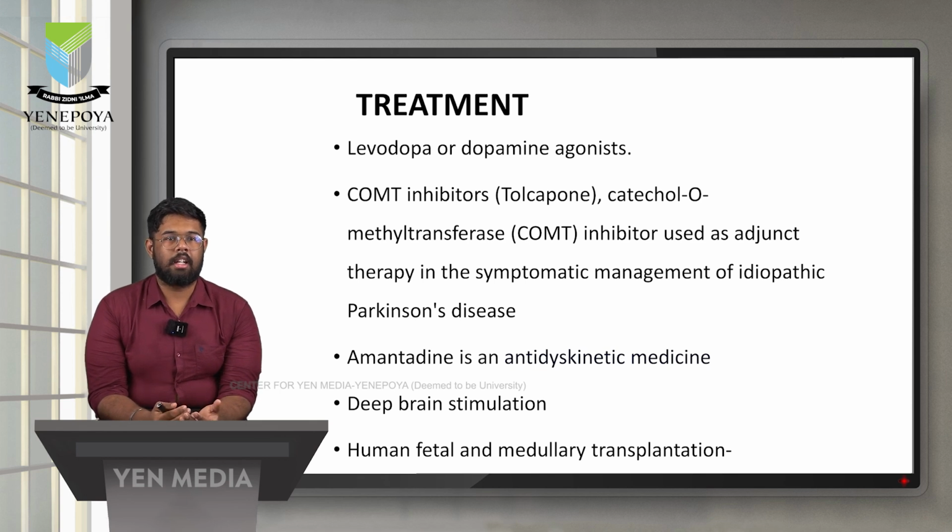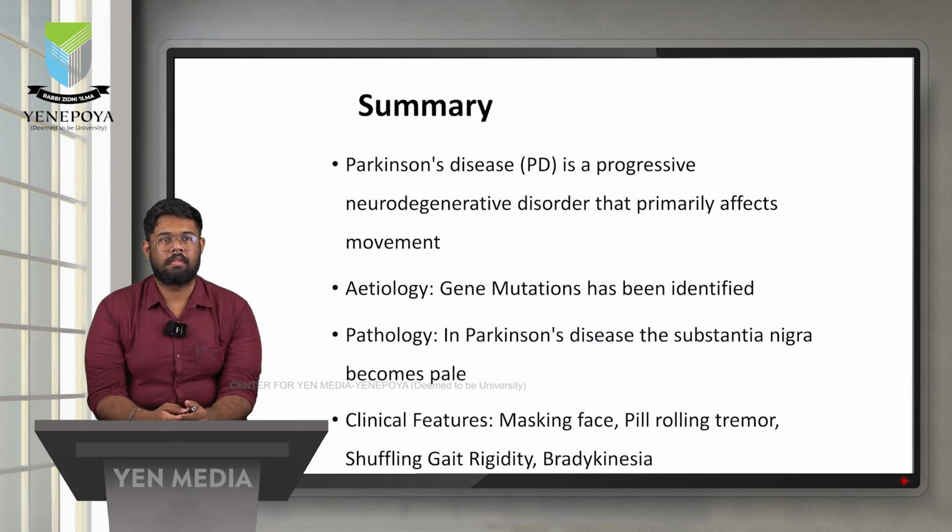Amantadine is an anti-dyskinetic medicine which will help in recovering from Parkinson's disorder. Deep brain stimulation can also be given to help the patient, and human fetal and medullary transplantation is also done in Parkinson's disorder for the patient to recover from Parkinson's disease.